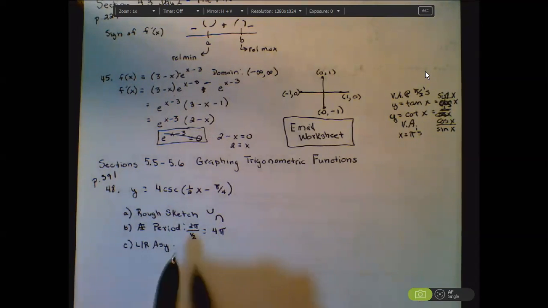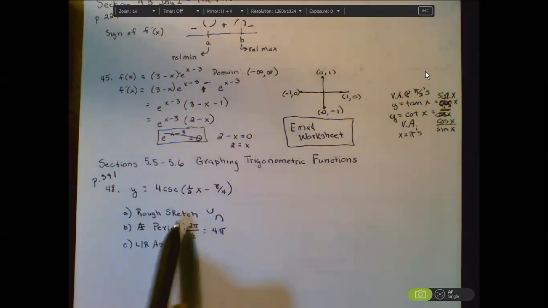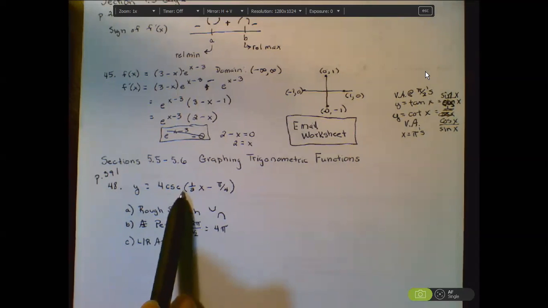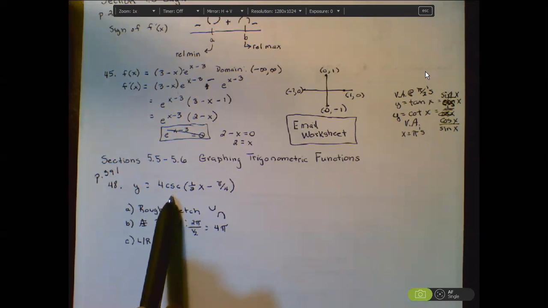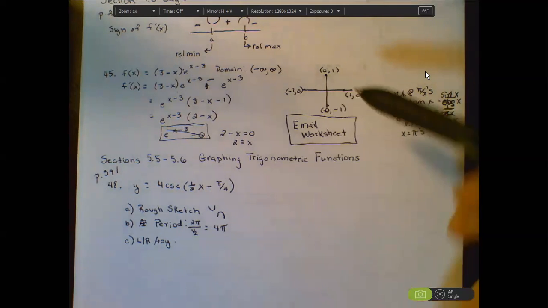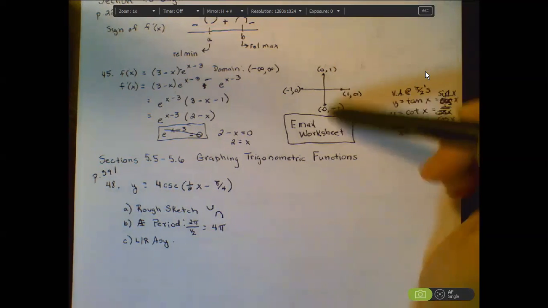So I'm thinking, where does cosecant normally have its vertical asymptotes? Whole pies or half pies? That'd be half pies. The half pies, because that's where sine is 0. Oh, no, it's not.